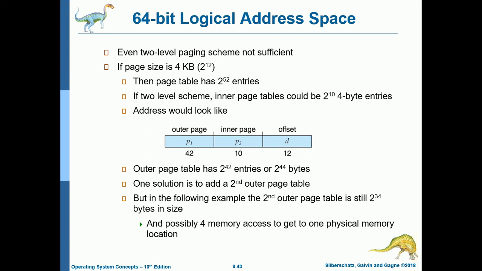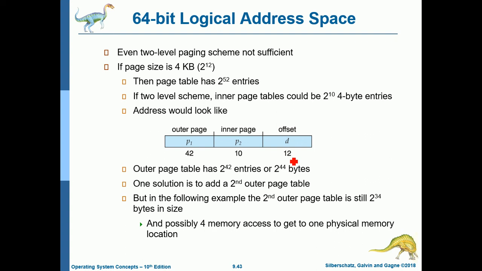The address would look like this, and it's still big: the outer page P sub 1 is 42 bits, the inner page is 10, and the offset is 12. So 42 plus 10 is 52, plus 12 is 64. The outer page table has 2 raised to 42 entries, or 2 raised to 44 bytes.